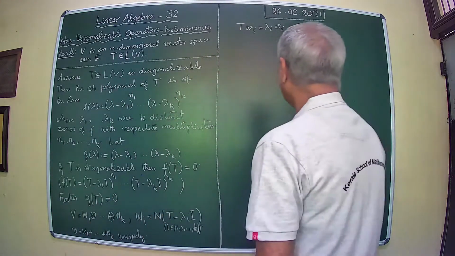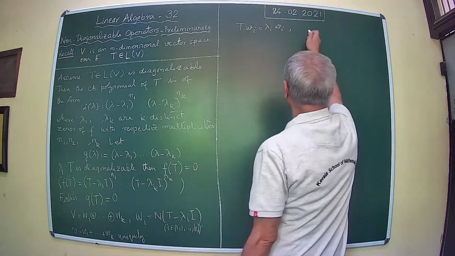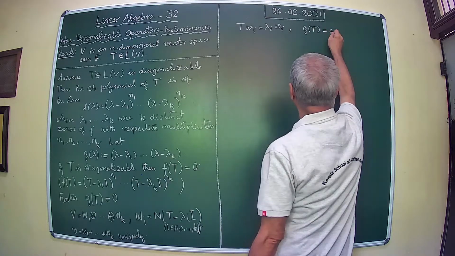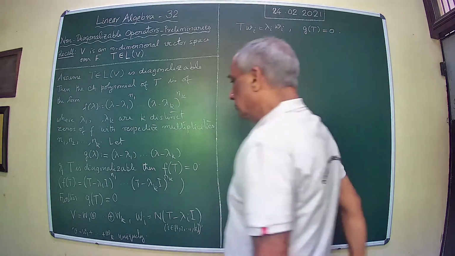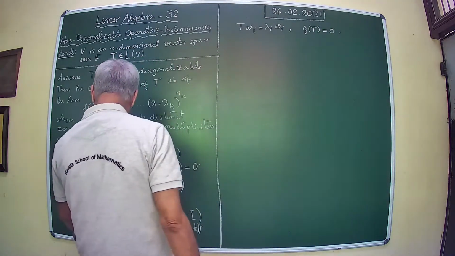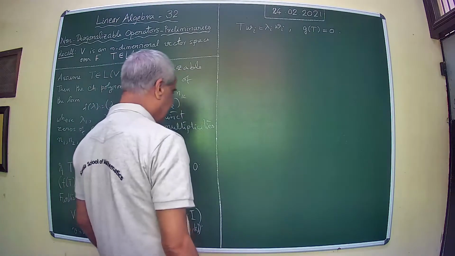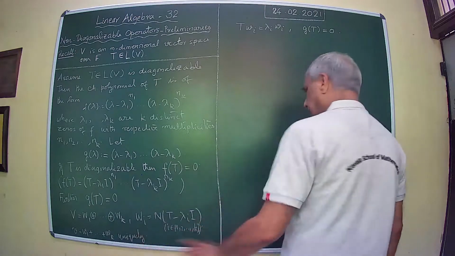Okay, and one can easily show that g of T equal to 0. The reason being g of w1 is 0, g of w2 is 0, g of wk equal to 0 for different reasons.